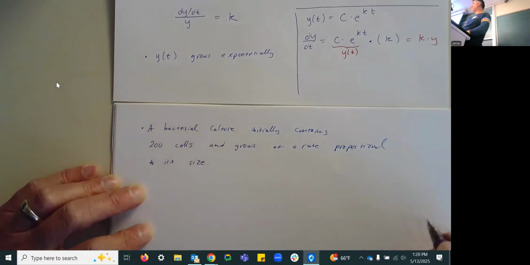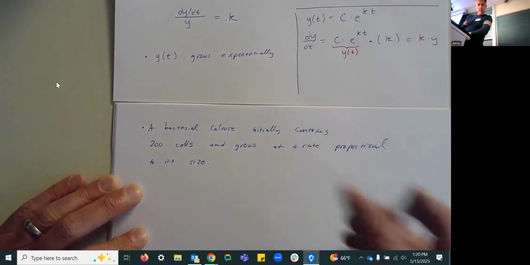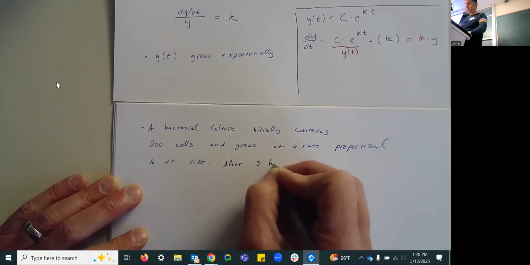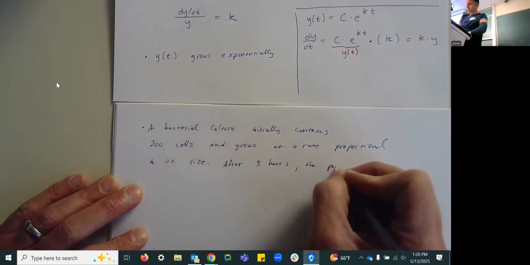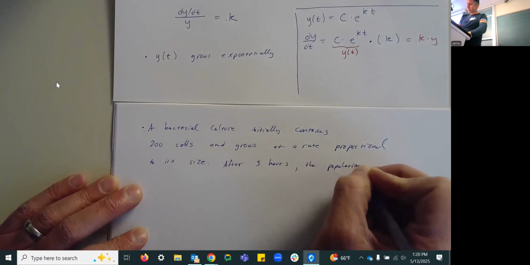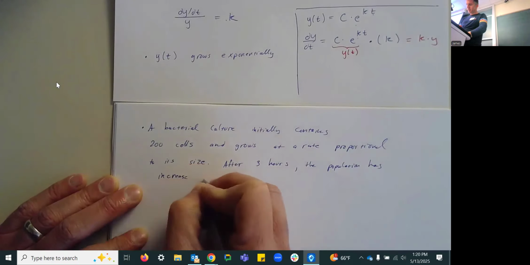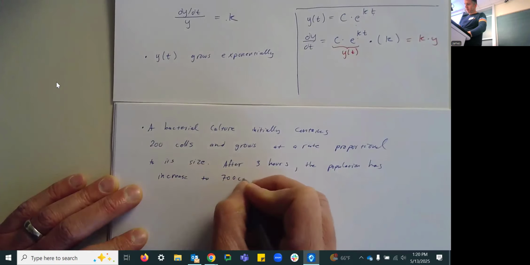Okay, those are the magic code words that say we have exponential growth, right? Grows at a rate proportional to its size means we have exponential growth. After 3 hours, the population has increased to 700 cells.